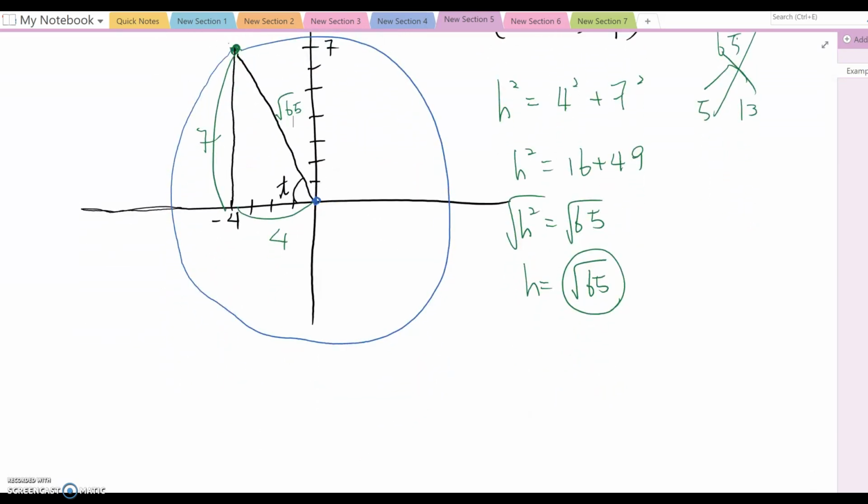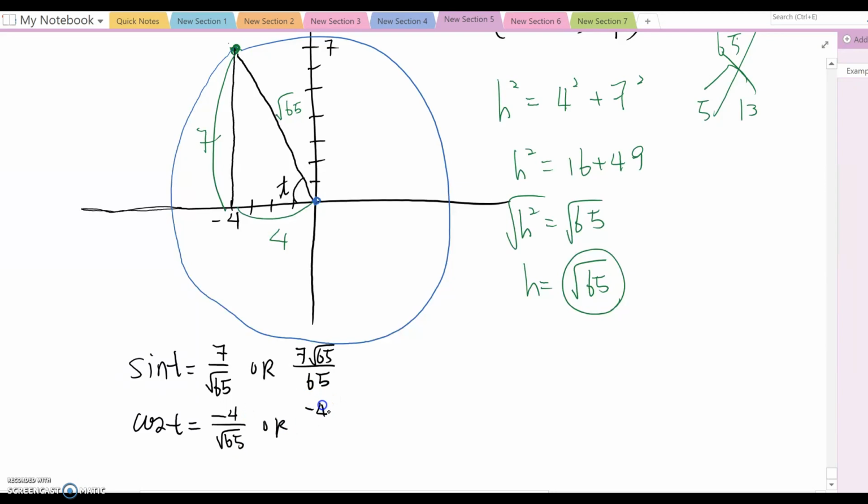Okay. Now based on this, we can define the sine, cosine, tangent, cosecant, secant, and cotangent values. So sine t means 7 over root 65, or you can also say 7 root 65 over 65. And cosine t, don't forget this point is in the second quadrant, so negative 4 over root 65, or negative 4 root 65 over 65.